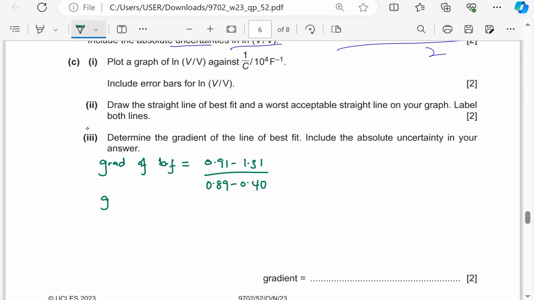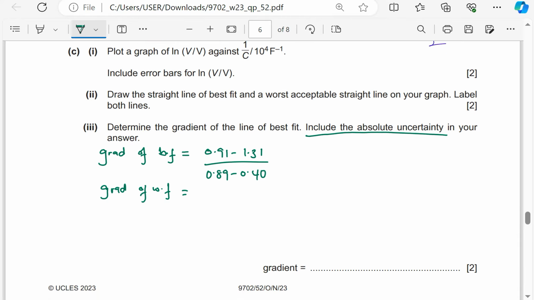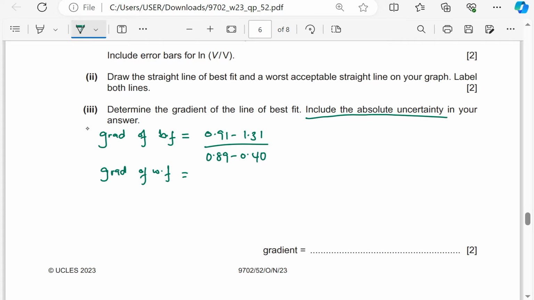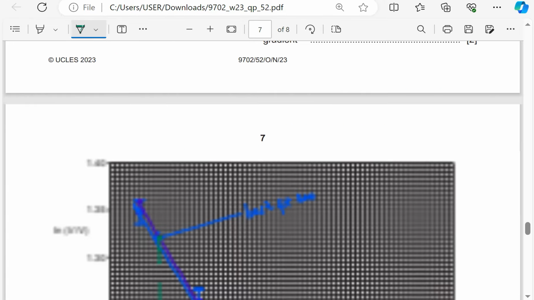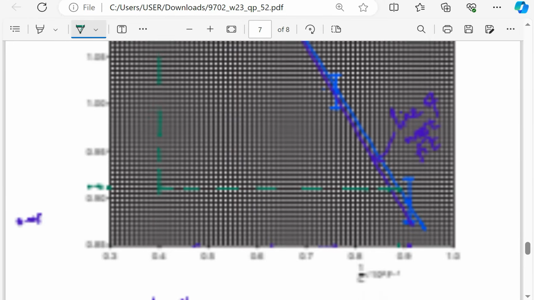Then you also have to find the gradient of the worst fit, because they said include the absolute uncertainty. So the gradient of the worst fit is 0.91 minus 1.32 divided by 0.87 minus 0.40. Okay, so the next thing is now just to press the calculator.